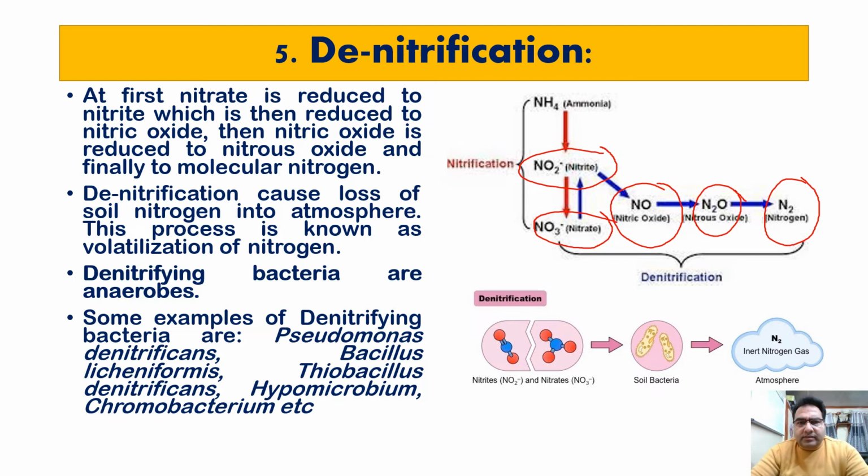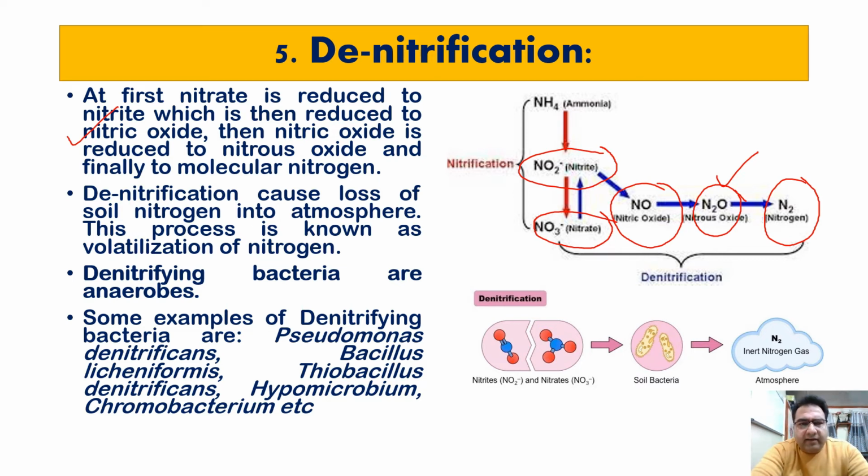This whole process is called nitrate respiration and also denitrification. At first, the nitrite and the nitrate are reduced to nitric oxide and then to nitrous oxide and finally to molecular nitrogen.